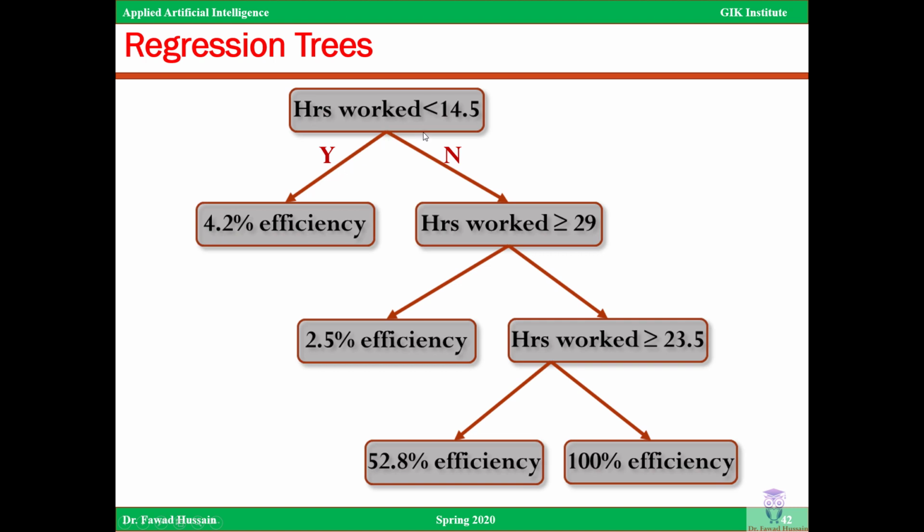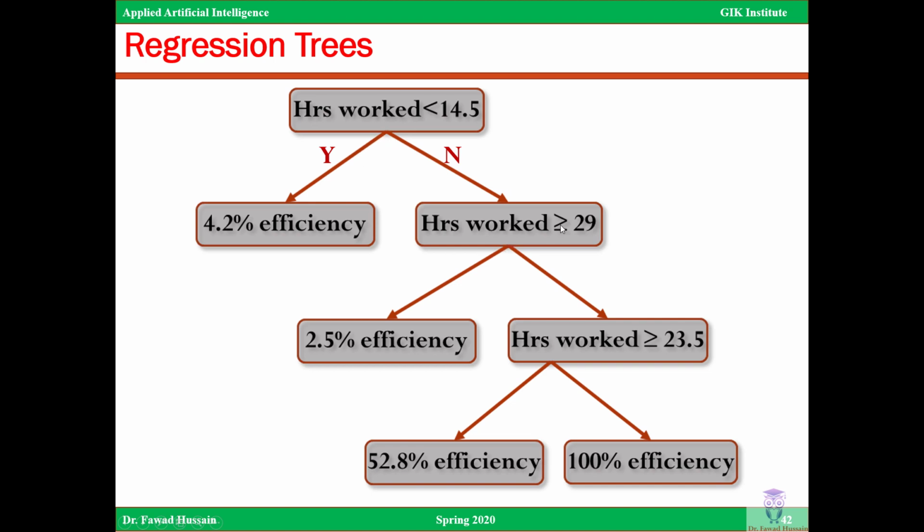If the answer is no, then you have another question to ask: whether the hours worked is greater than 29. If the answer is yes, I haven't labeled it over here, but the general convention we will be using in this lecture is that the yes are the left sides and the no are the right sides.